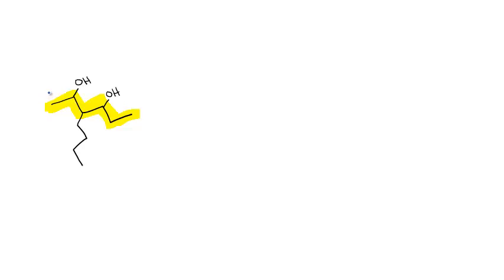We're going to number from left to right in this case. That'll give us the lowest possible carbon number combo for the 2 OHs, 2 and 4 rather than 3 and 5. A 6 carbon chain is hexane. Since we're dealing with 2 hydroxy OHs, it's not just called hexanol. We have to designate that we have 2.